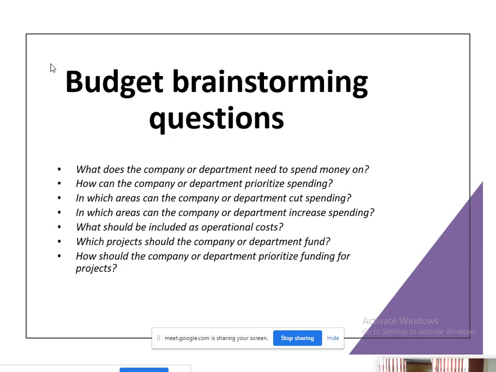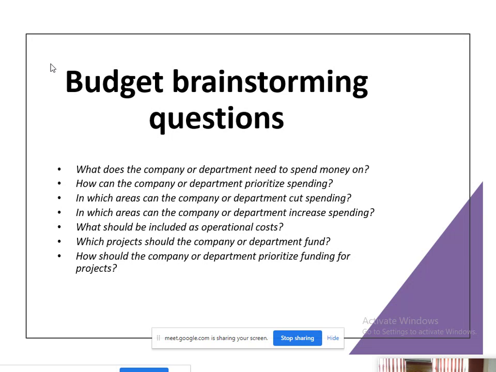This point tells that we can reduce our spending in some ways. Fourth point, in which areas can the company or department increase spending? So there are two points: in what way a company or department can cut the spending, or in what way it can increase the spending.